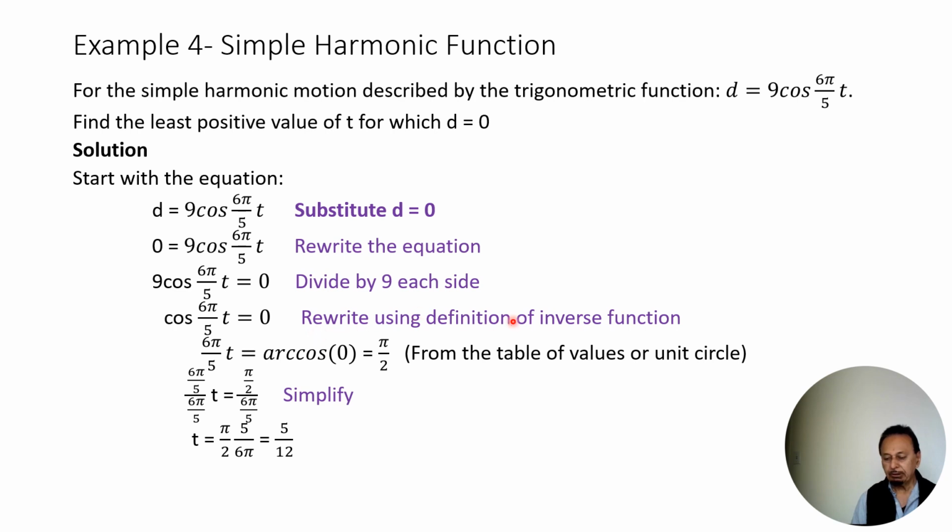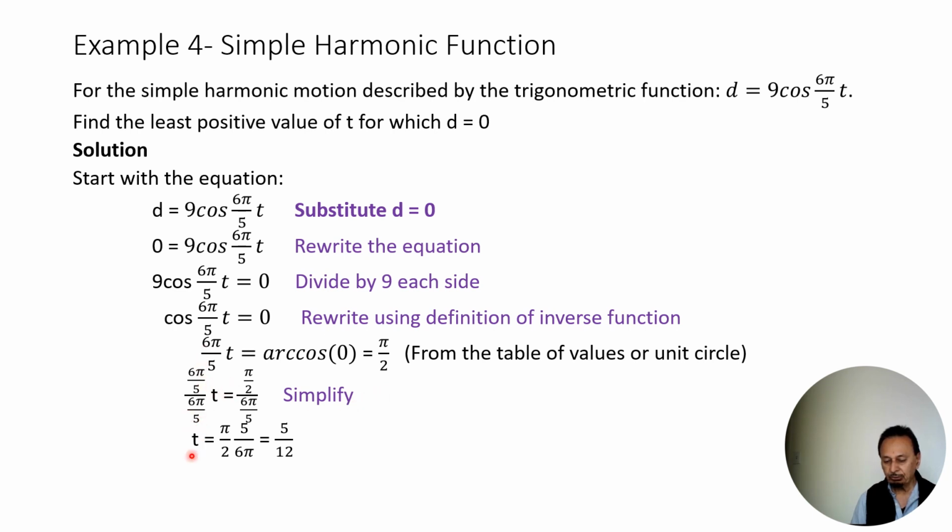Now using the definition of the inverse function, 6 pi over 5 times t would be arccosine of 0. And from the table of values, unit circle or calculator, arccosine of 0 is pi over 2. So I'll solve the equation 6 pi over 5 times t equals pi over 2. Divide both sides by 6 pi over 5.